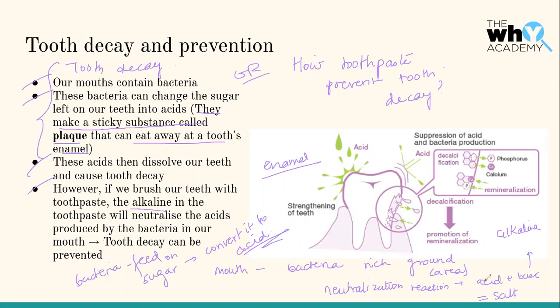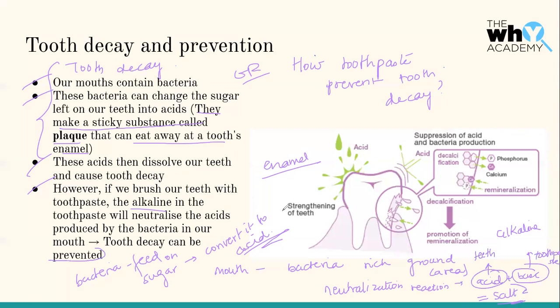So the acid here is already present on your tooth, and the base is coming from your toothpaste. So you get the point now: this acid will be converted into a salt, which then prevents further tooth decay. Your tooth, instead of being exposed and reaching a point where there is a cavity, all that can be prevented.